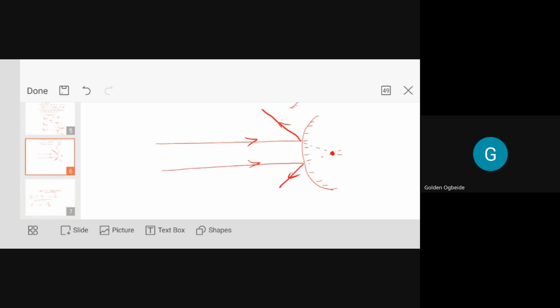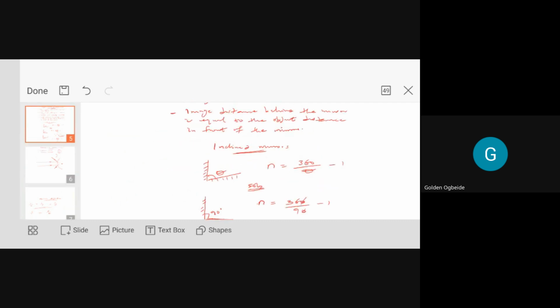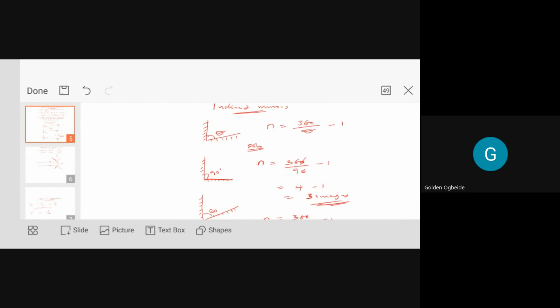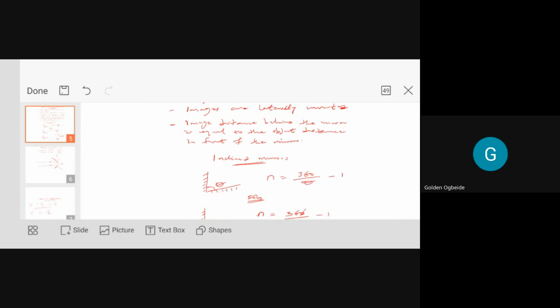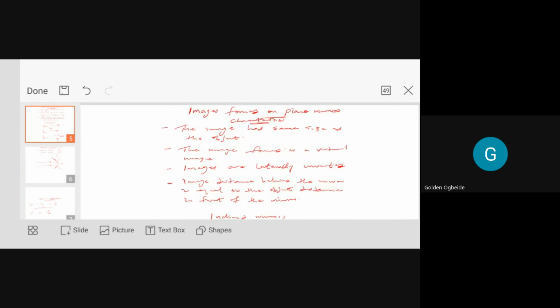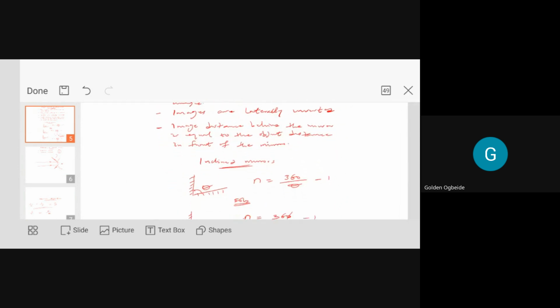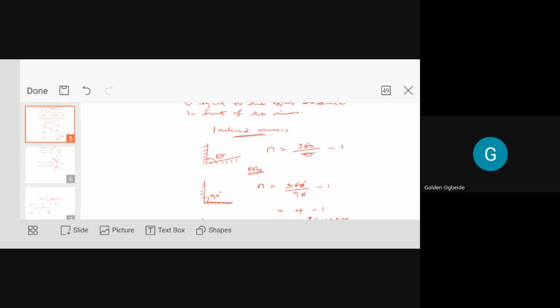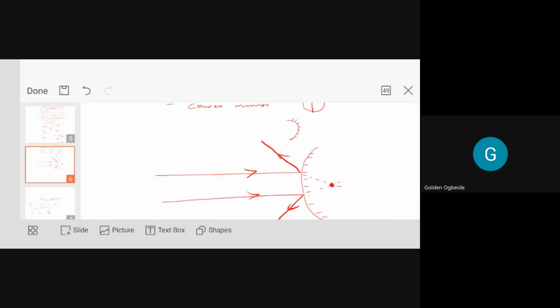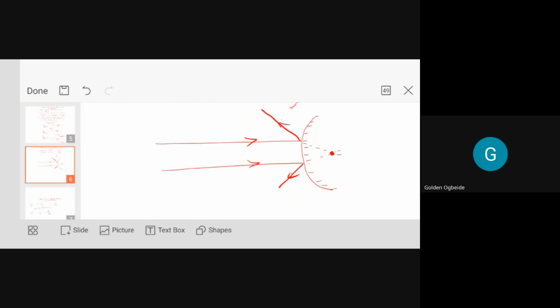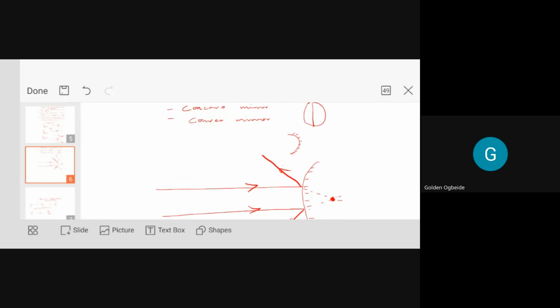But I've taken my time to explain the position of these images. Firstly, we talked about plane mirrors and their properties or characteristics. We talked about images when mirrors are inclined, and how we can find the number of images formed. And then we talked about the curved mirrors, which are the concave and the convex.